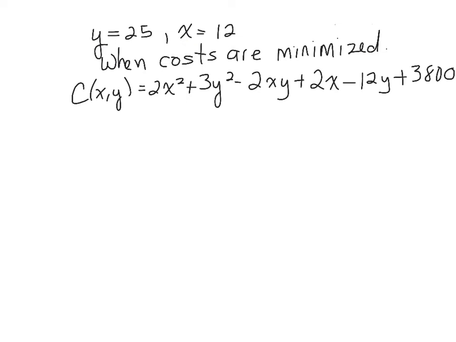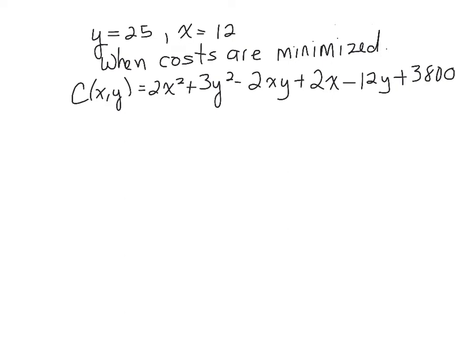What do we do now to finish up this question, now that we've found the values of x and y that will minimize costs? We have proven or determined that those values in fact are values that minimize the cost. Our last step is really to determine what is that minimum cost at those values.